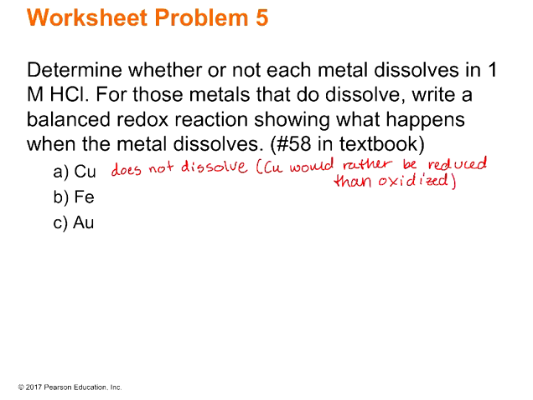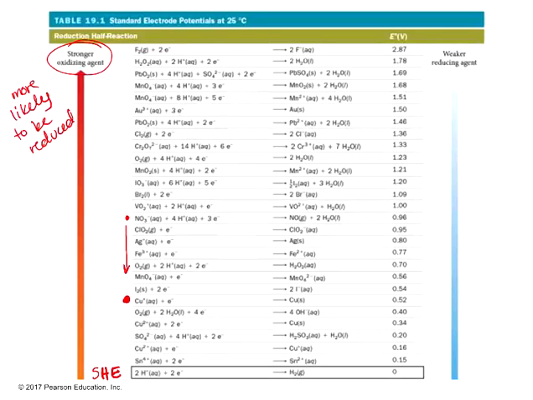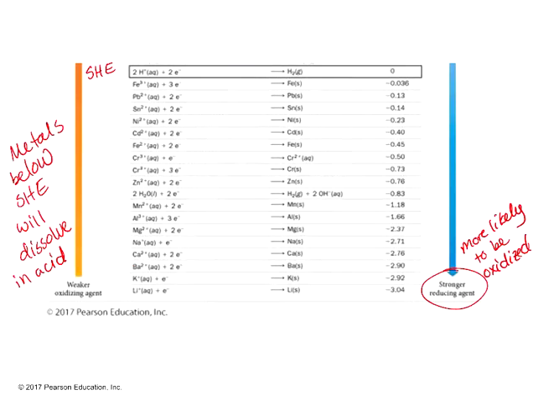All right, what about iron? Let's go to our table. So iron is not one of the metals. Oh, well, it is listed. So this one here, that's iron 3 plus turning into iron 2 plus. So that's not a pure metal. So let's keep going. So I don't see it.